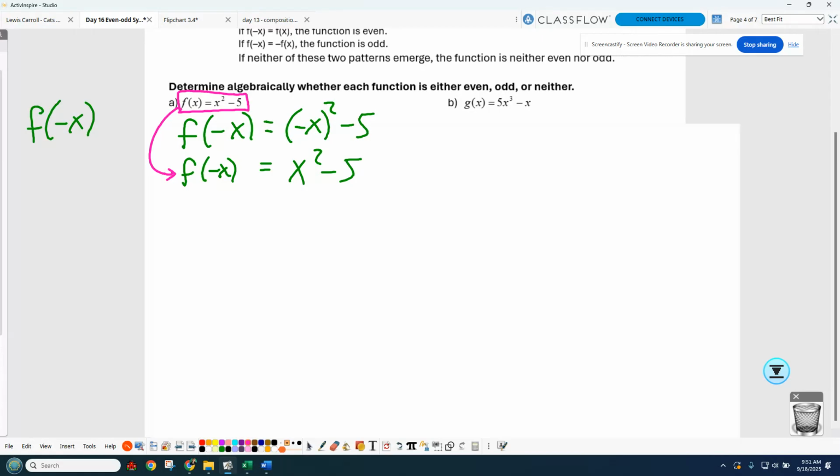Is it exactly the same? Do we have x squared minus 5? There you go. That's the test. I plugged in negative x and I got what I started with. So that's an even function.